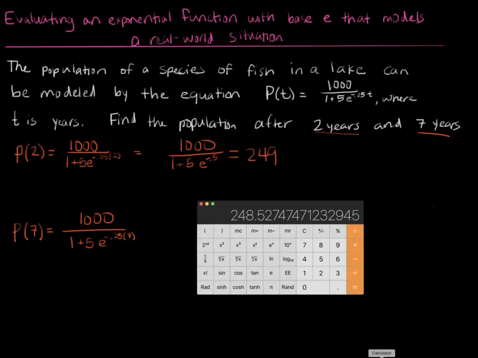So let me go back to my calculator and do 0.25 times 7, make that negative, e to that power, times 5, plus 1. Okay, 1,000 divided by 1.8689 equals, okay, 535 whole fish.